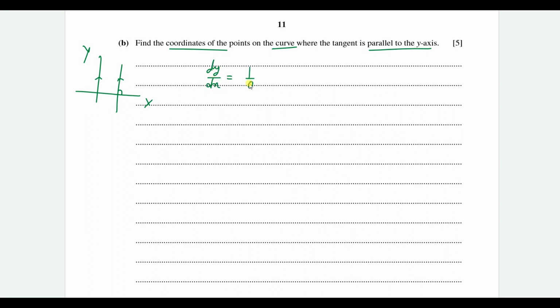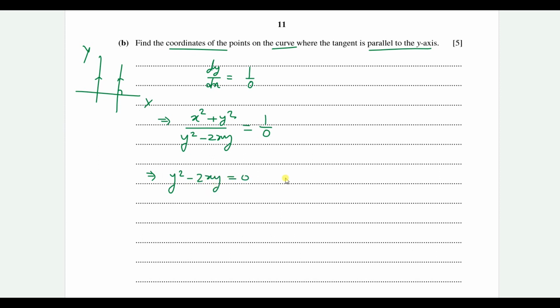Why? Because we know that if our tangent is parallel to the x-axis, then dy over dx is 0. When it is parallel to the y-axis, or you can say perpendicular to the x-axis, then it would be 1 over 0. So now we are going to equate it. From the first part we have dy over dx is equal to (x square plus y square) over (y square minus 2xy), which is equal to 1 upon 0, and hence only y square minus 2xy should be 0.